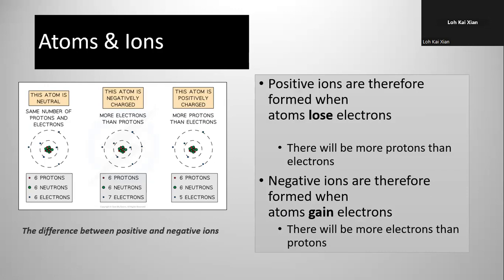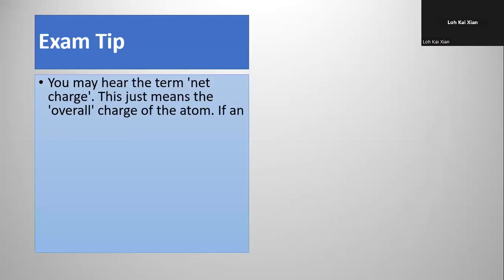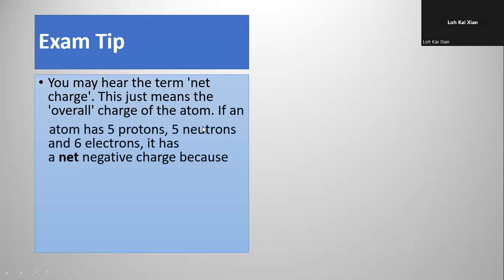Okay, no question. Okay, the exam tip: you may hear the term net charge. This just means the overall charge of the atom, whether it's positively charged or negatively charged. If an atom has 5 protons, 5 neutrons, and 6 electrons, it has a net negative charge because it's a negative ion.